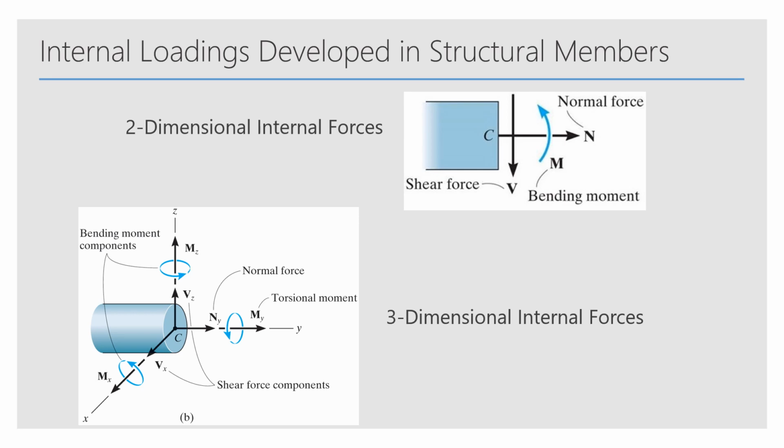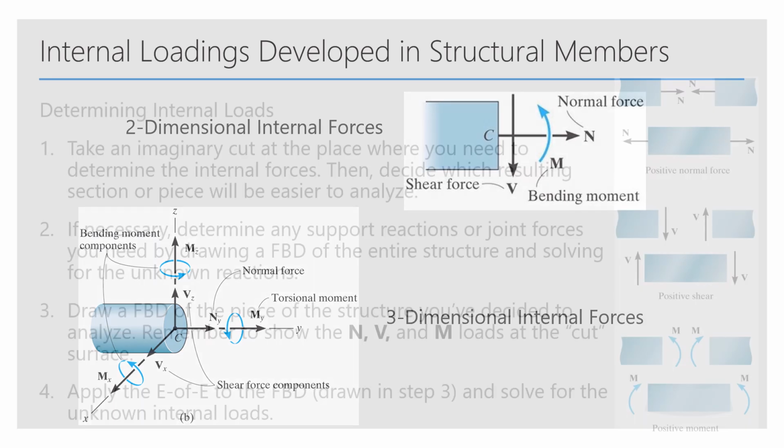Then we have the shear force, which is acting in the z or x direction, so it's working planar to the beam itself. And then we have the moment that can occur on any of these axes. So that's what it would look like in terms of three dimensions for internal loadings.